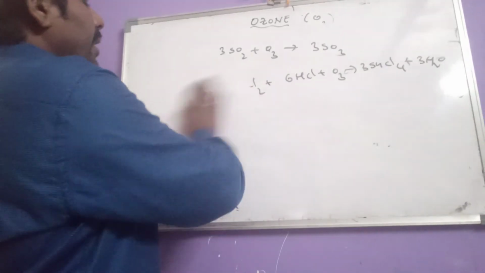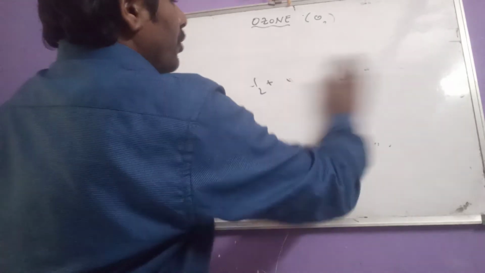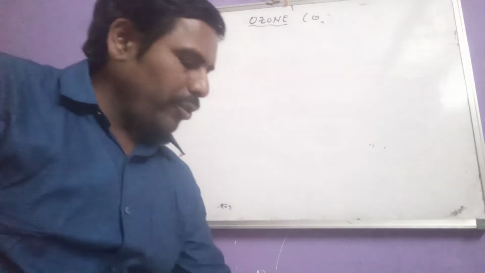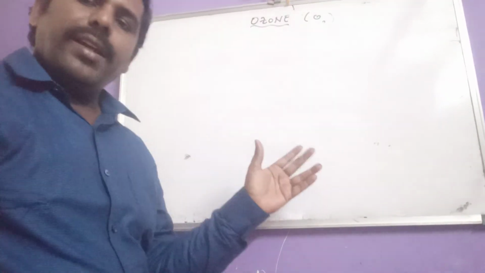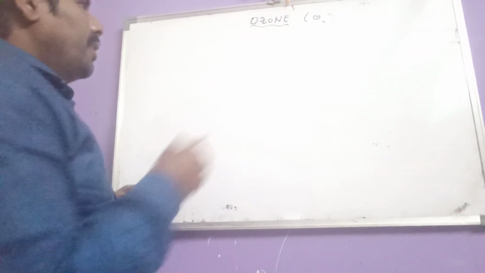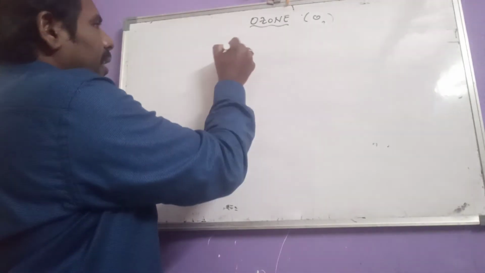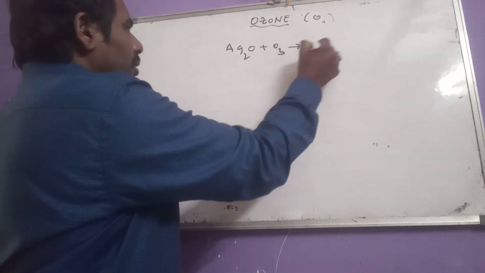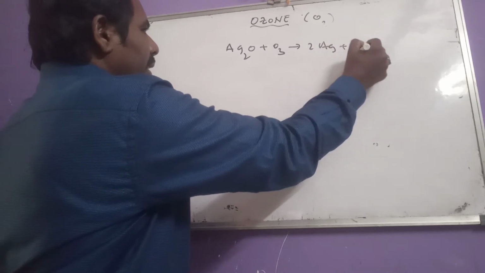Okay, then let us see the reducing properties of ozone. Already one reducing property we observed in that oxidizing only, combinedly. So what is that? Silver oxide when treated with ozone, we get silver.